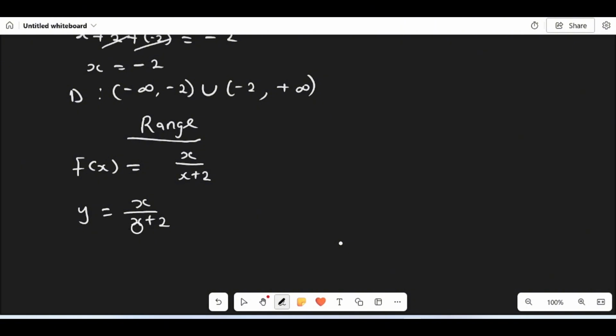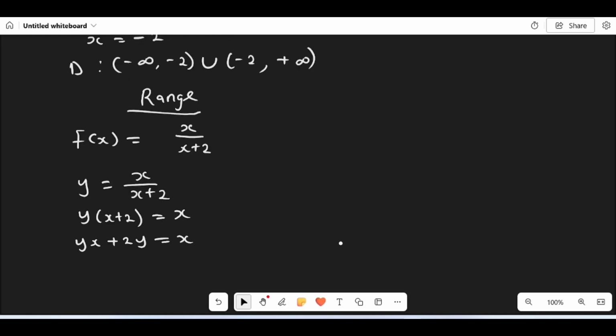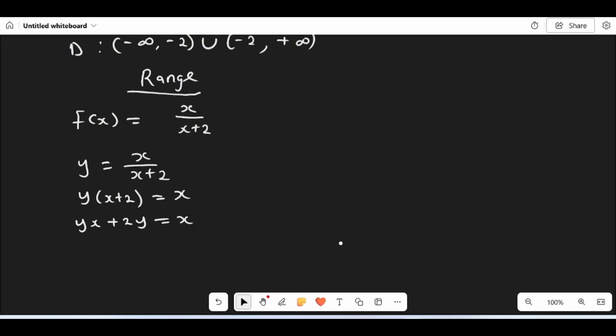Cross multiply. We are going to have y(x plus 2) equal to x. Open the bracket. yx plus 2y equal to x. Let us rearrange the equation. If we rearrange the equation, we are going to have yx minus x equal to minus 2y.